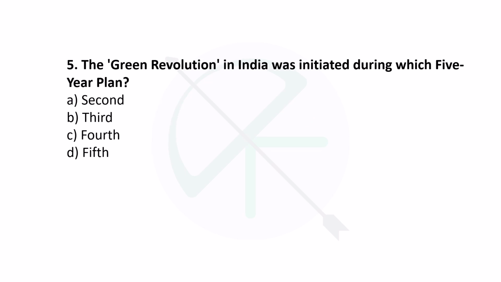Next is the Green Revolution in India was initiated during which 5-year plan? So it was launched in the third 5-year plan, that was from 1951. Sorry, not 1951. 1961 to 66.